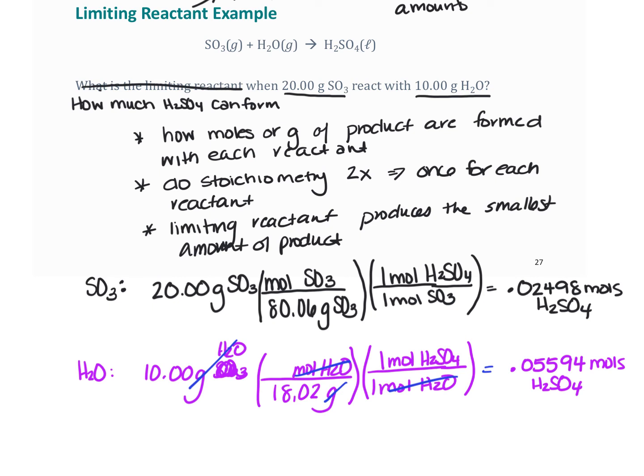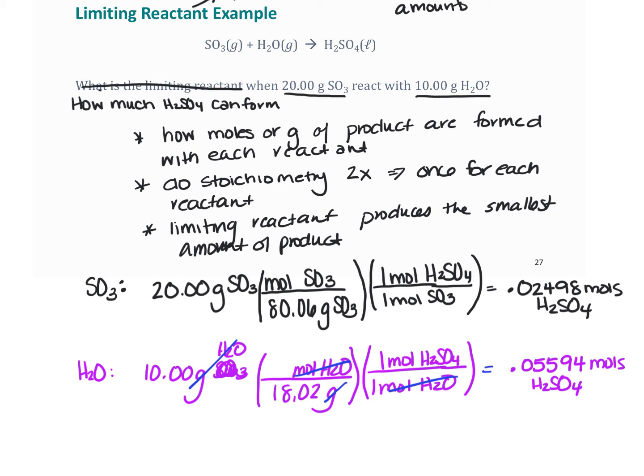Now, the question originally asked, what is our limiting reactant? The limiting reactant is going to be the one that makes the least amount of sulfuric acid. So SO3 here makes 0.02498 moles of sulfuric acid. H2O makes 0.05594 moles of sulfuric acid.